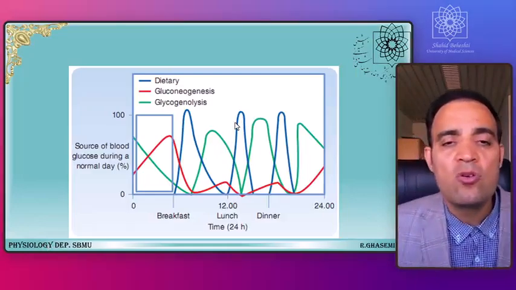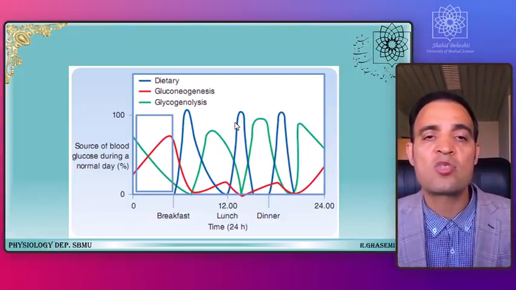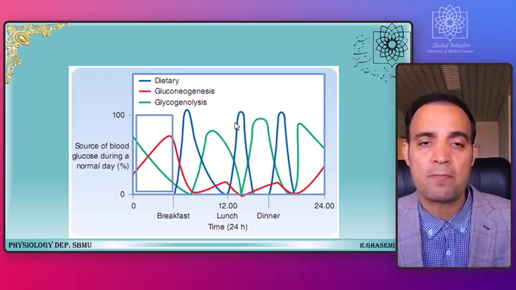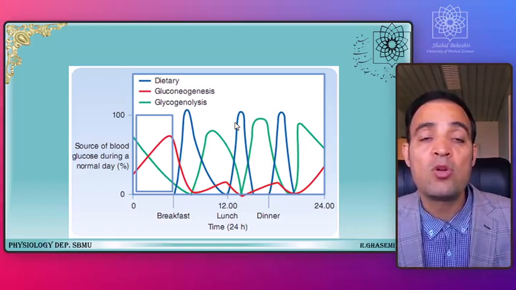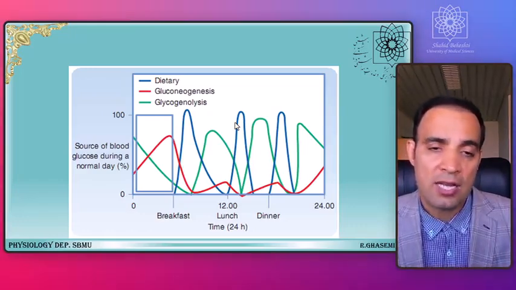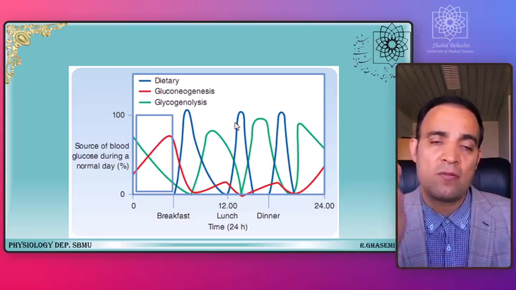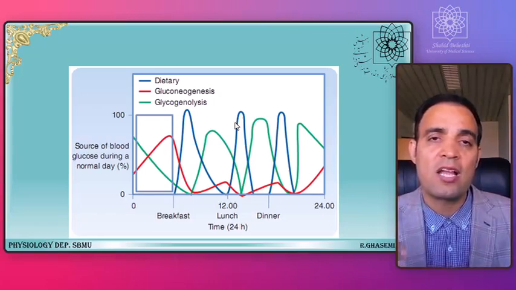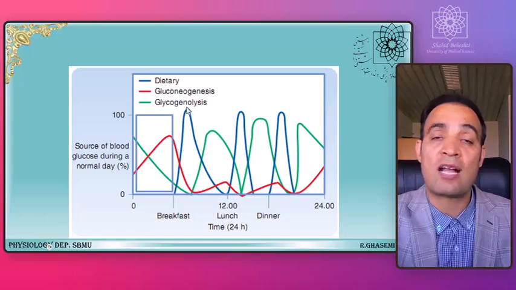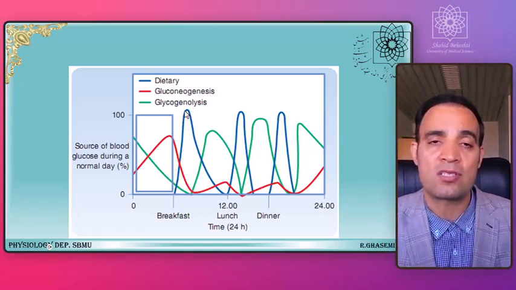This figure shows the source of blood glucose during a normal day. The blue line shows the source of dietary glucose. And as you see, after each meal, breakfast, lunch, and dinner, every time that we eat food, immediately the source and the role of the dietary glucose will increase.